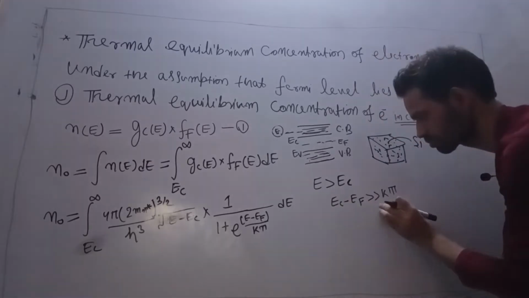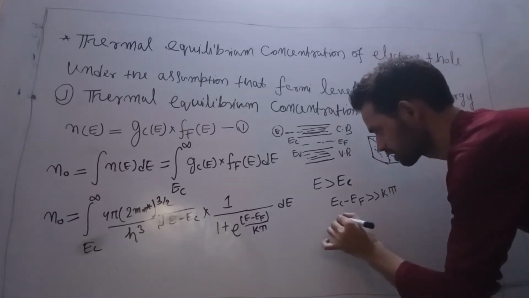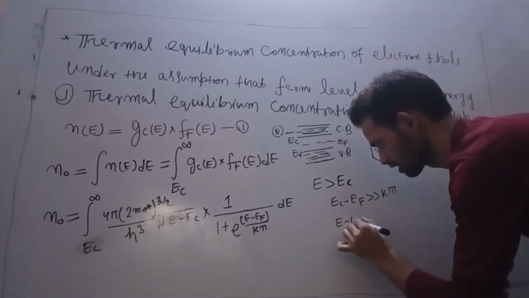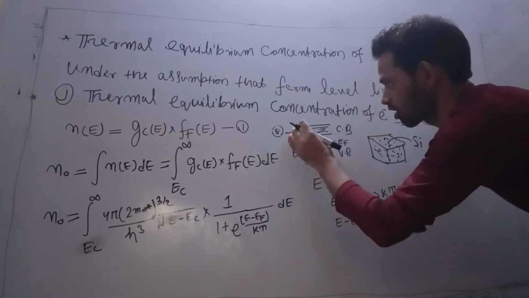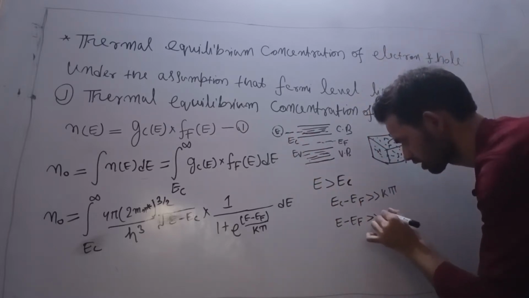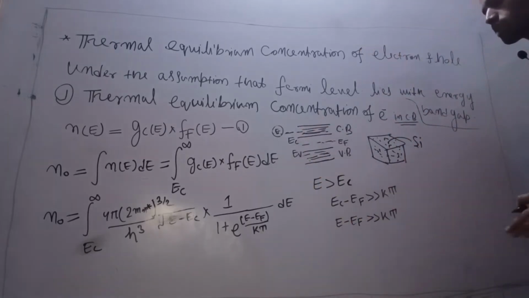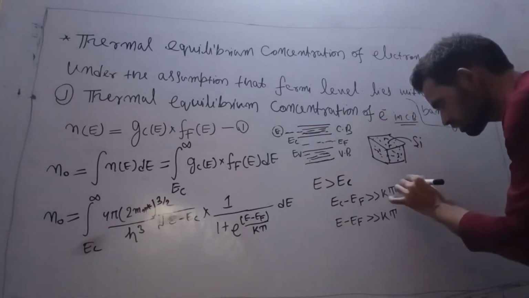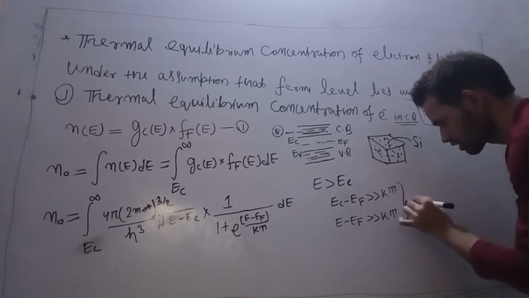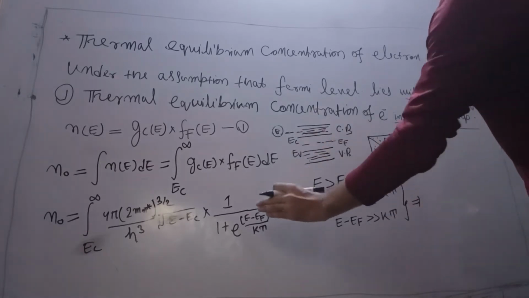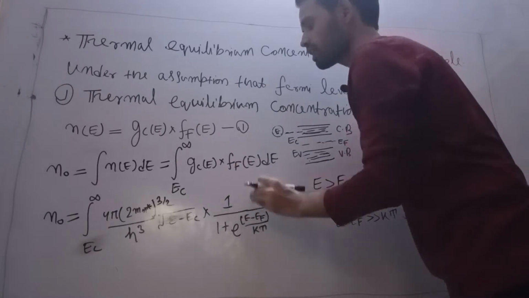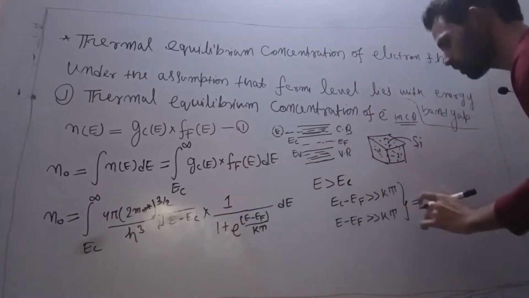If EC minus EF is much greater than KT, then E minus EF is automatically much greater than KT. Under this condition, we are able to approximate the Fermi-Dirac distribution function with the Boltzmann approximation.